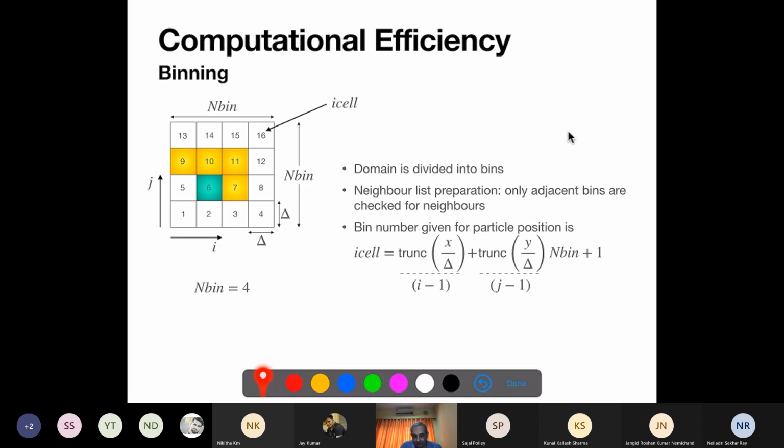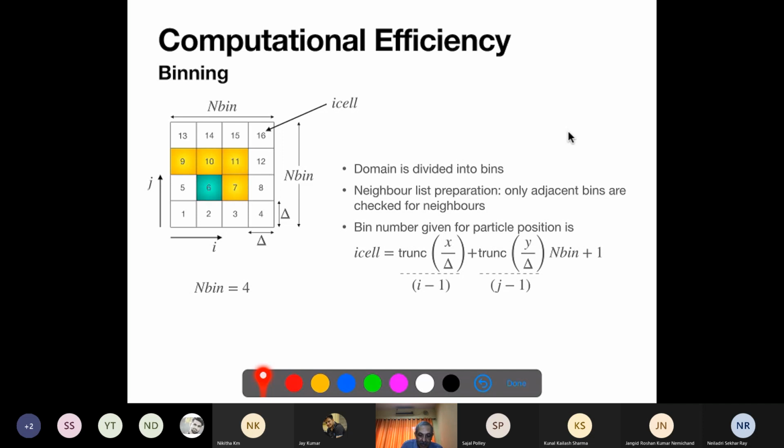If you are given any particle position x and y, then it's easy to calculate the bin number for each of them by doing this simple thing. You can easily put all the particles in a bin where the cells are numbered 1, 2, 3, 4, 5, 6, 7, 8, 9, 10, 11, 12, 13, 14, 15, 16.